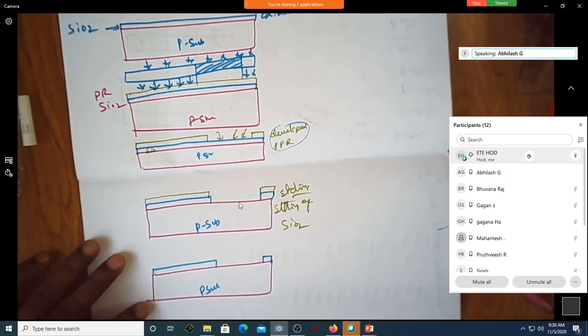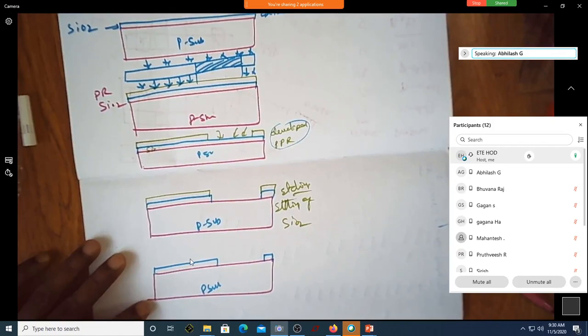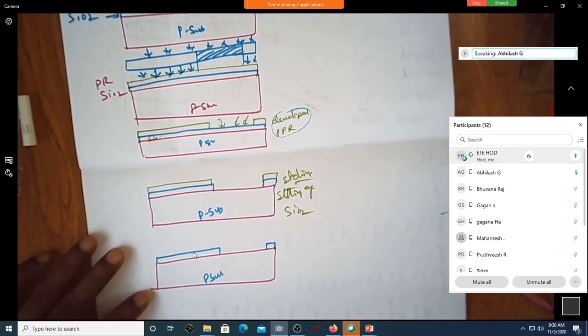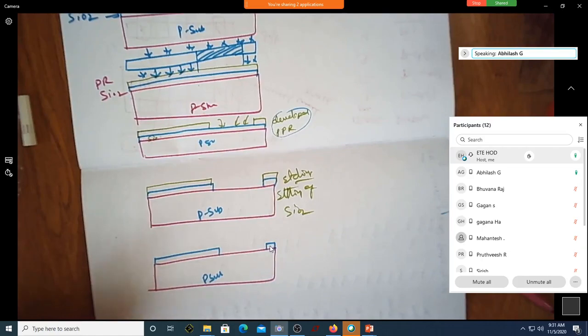Sir, after removing the entire photoresist material, this is the last step. The remaining SiO2 layer is there, no, sir? Then it is exposed to some other chemical reactions, sir? No, at this point of time, you are not putting any chemical on this.